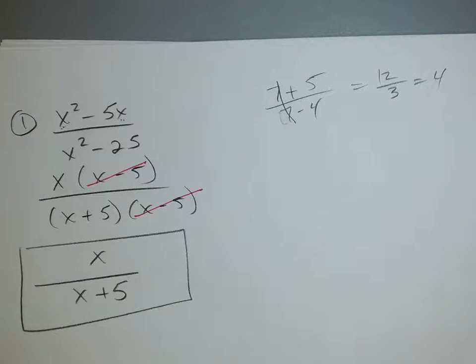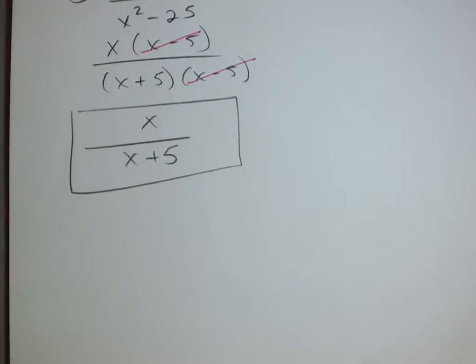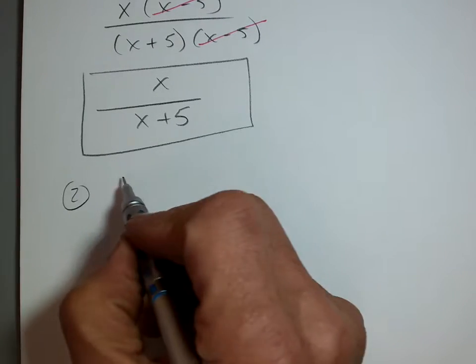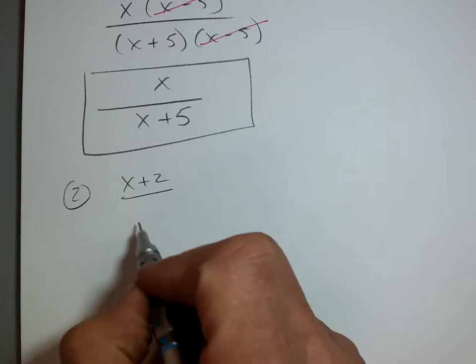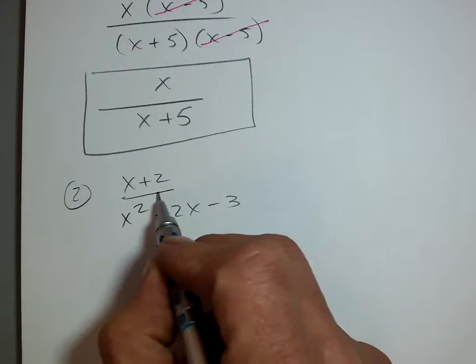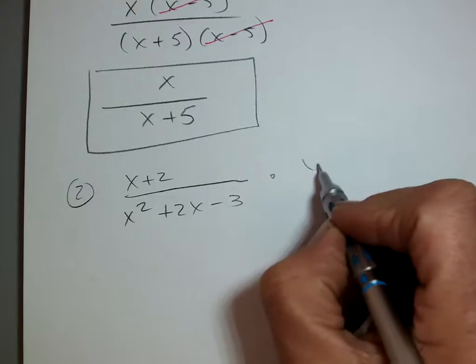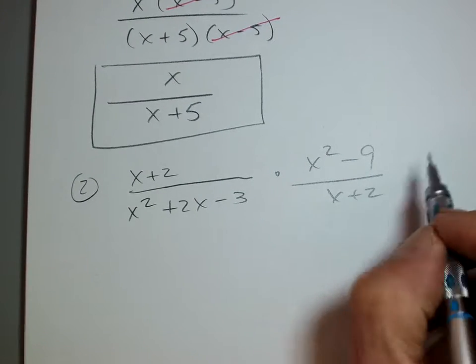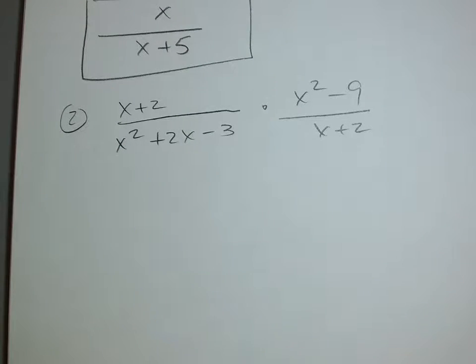All right. Let's slide this up and let's take a look at number 2. Number 2, I'm going to rewrite x plus 2 over x squared plus 2x minus 3 times x squared minus 9 over x plus 2. Okay? Factor. We're going to factor everything we can and then cancel.